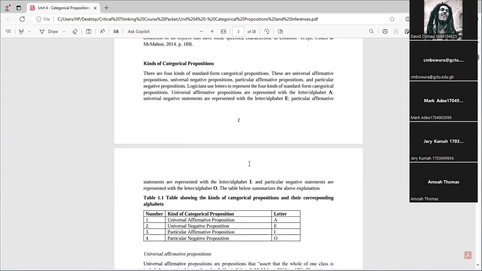Then we have universal negative proposition. A universal negative proposition makes a claim that all members of the subject class are excluded from the predicate class.